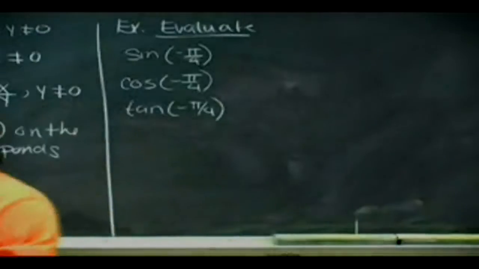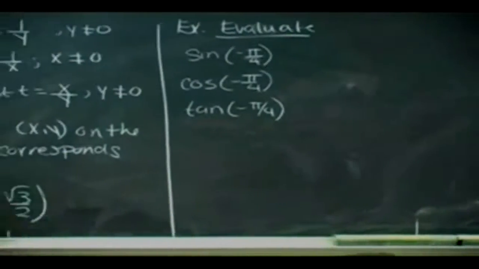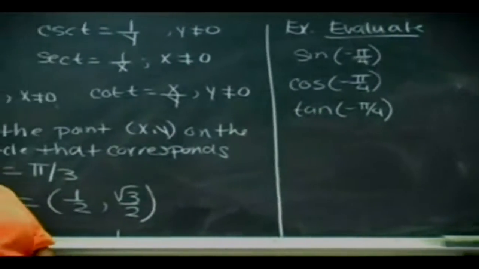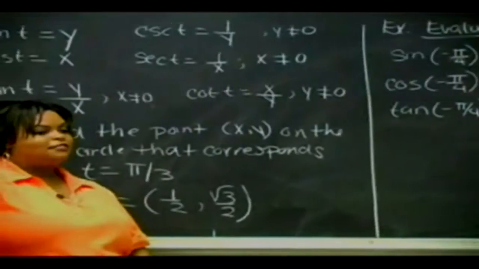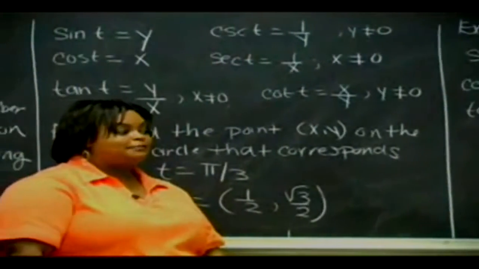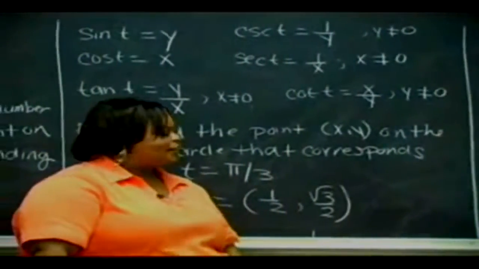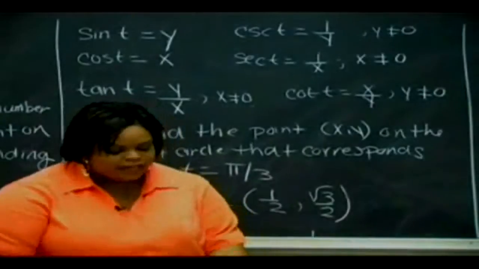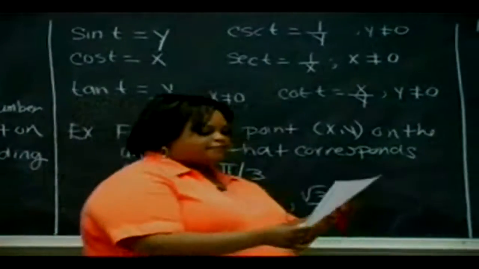Well, I need to figure out what this negative pi over 4 means. What does that negative mean? That we are rotating clockwise.